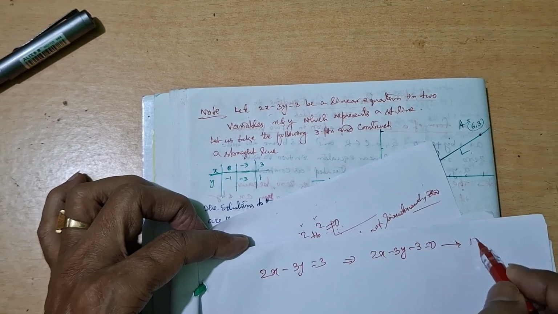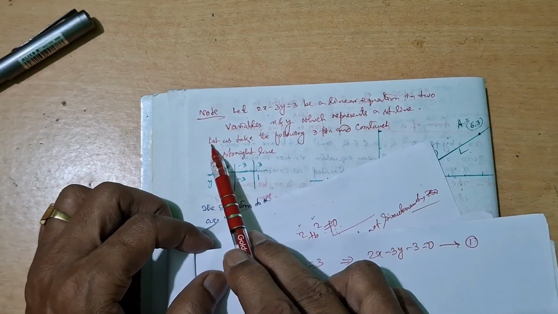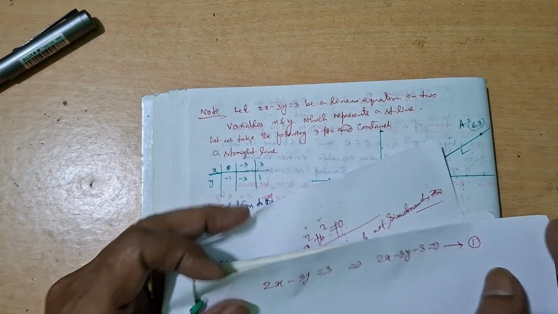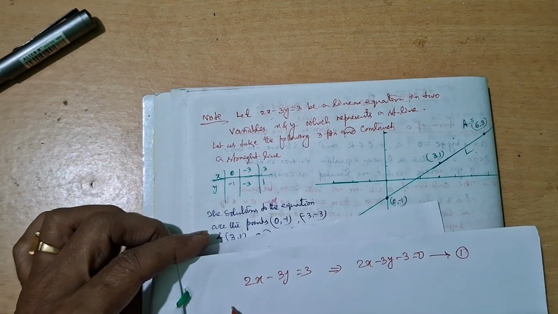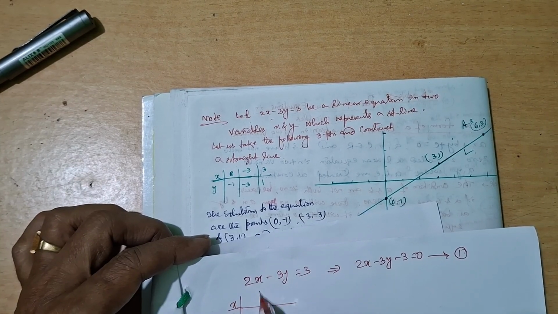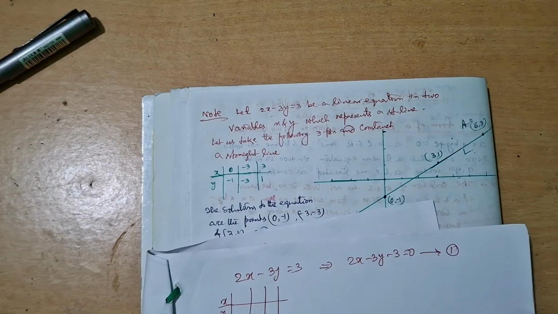It is equation number 1, in two variables x and y, which represents a straight line. Let us take the following 3 points and construct a straight line. In my previous class I told you that you always take 3 points to overcome errors in calculation.